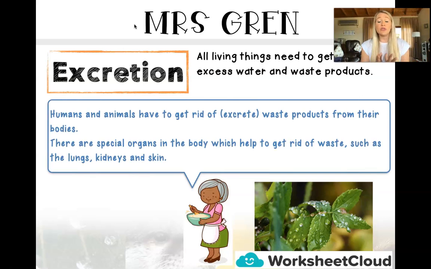Humans and animals have to get rid of, and a better scientific word is excrete, waste products from their bodies. There are special organs in the body which help to get rid of waste, such as the lungs, kidneys, and skin. I bet you didn't know that.